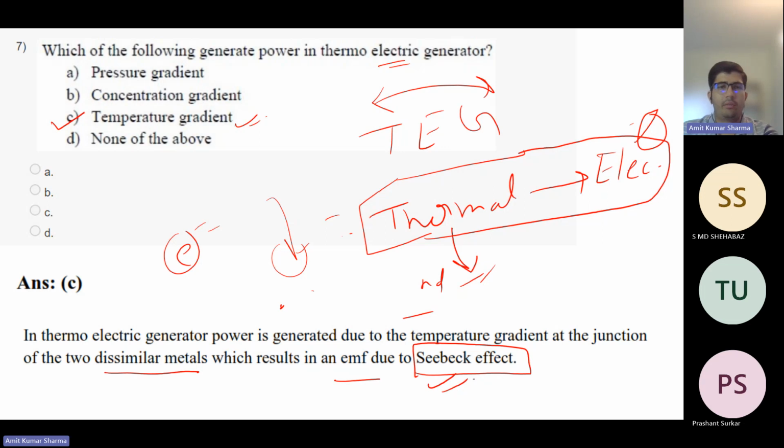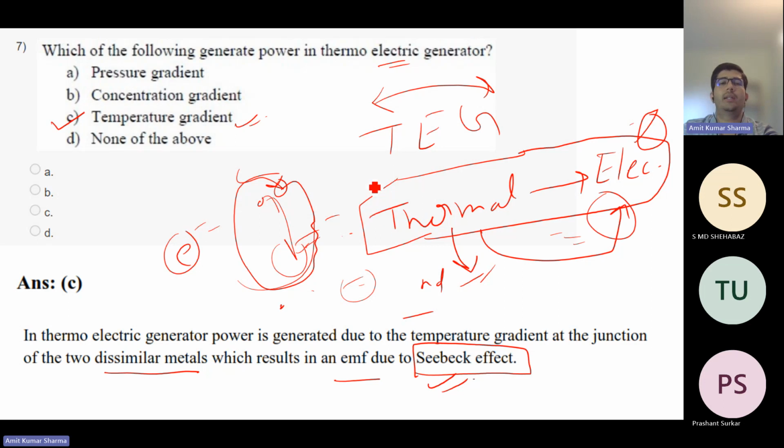From the place where they jump, a hole is created, so another electron will come to that and this cycle will move on, and in this way we get electric current. So there is no mechanical power. Directly thermal energy is converted into electrical energy. That is the thermoelectric generator.